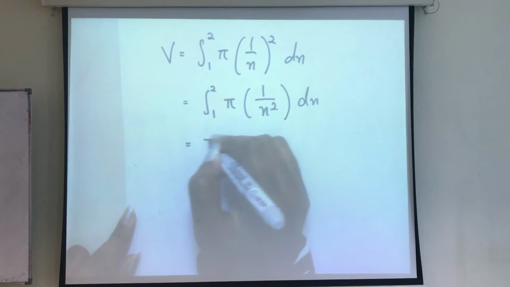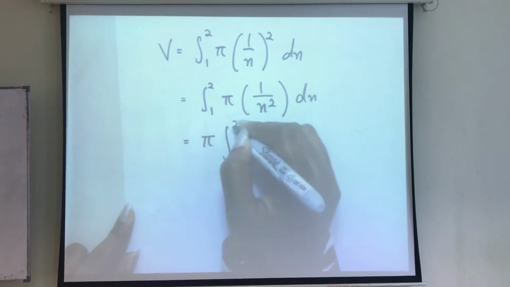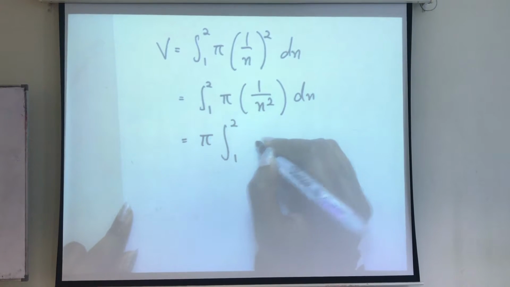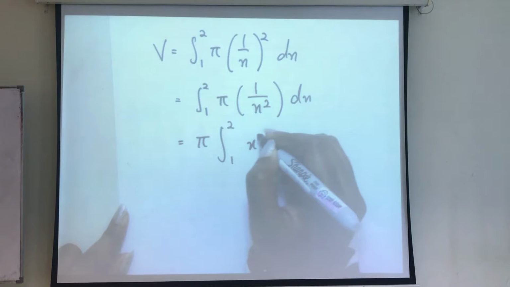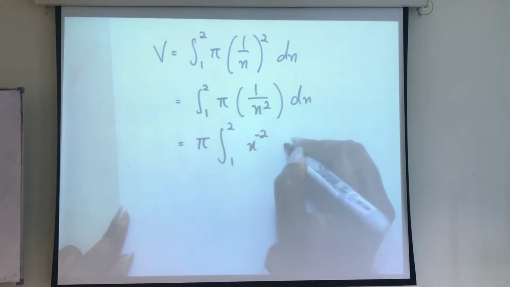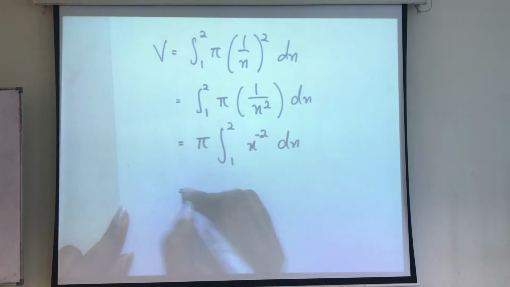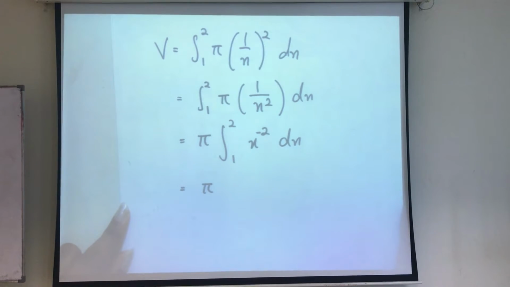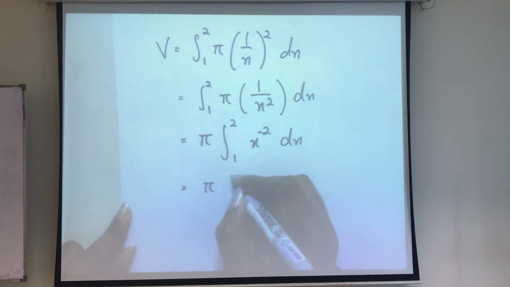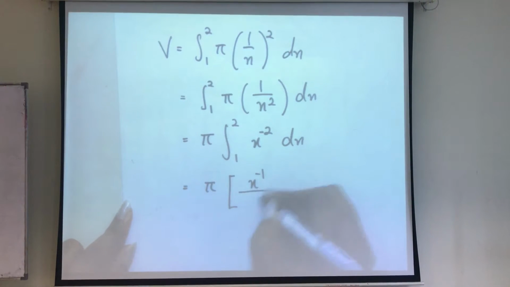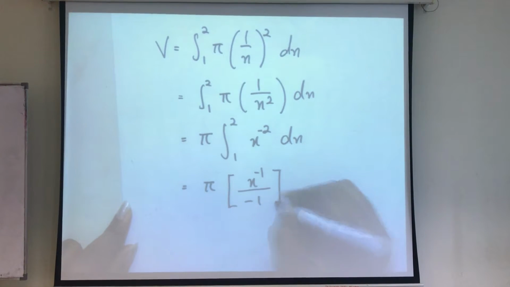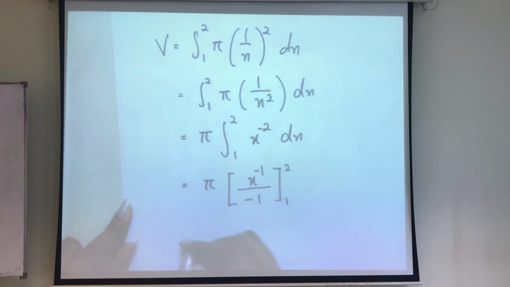Pi can be brought forward. 1 over x squared can be written as x to the power of negative 2 dx. Integrating x to the power of negative 2 gets x to the power of negative 1 divided by negative 1, from 1 to 2.